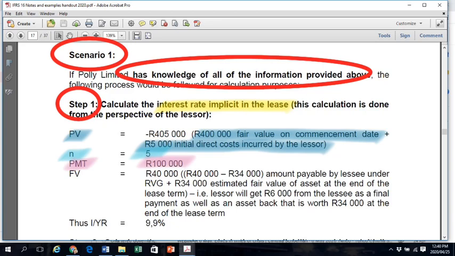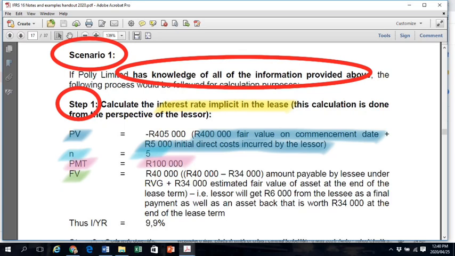The future value variable represents the expected return by the lessor at the end of the lease term. In terms of this agreement, there is a residual value guarantee of R40,000. The estimated future fair value of the asset is R34,000.